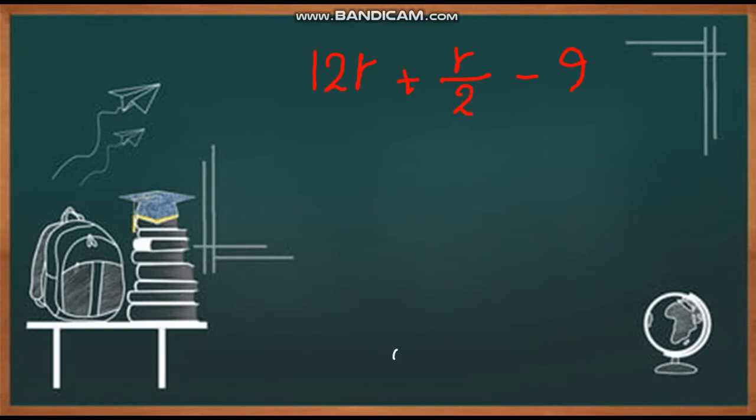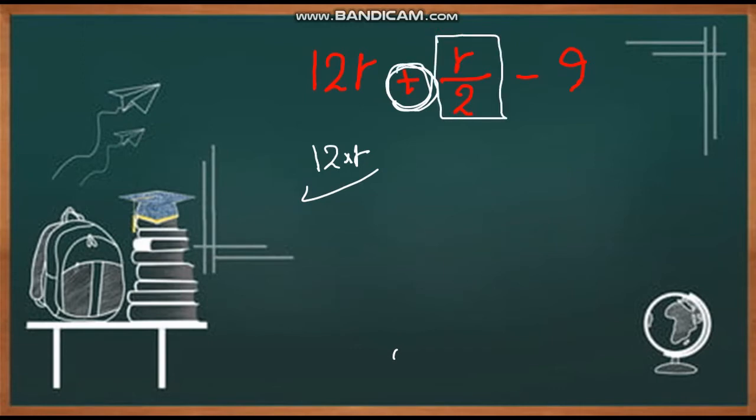Now let's talk about the operations in this algebraic expression. How many different operations are used in this expression? We have here 4 operations. The first one is multiplication in the product 12r, because 12r is 12 multiplied by r. So we have a multiplication operation and an addition operation. And look here, we have r out of 2.